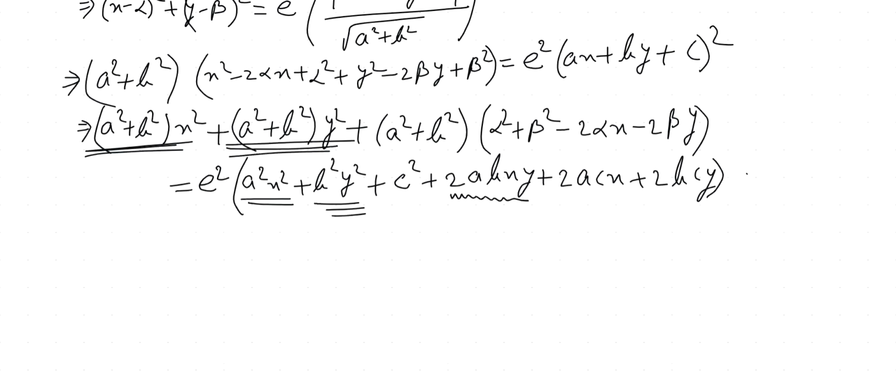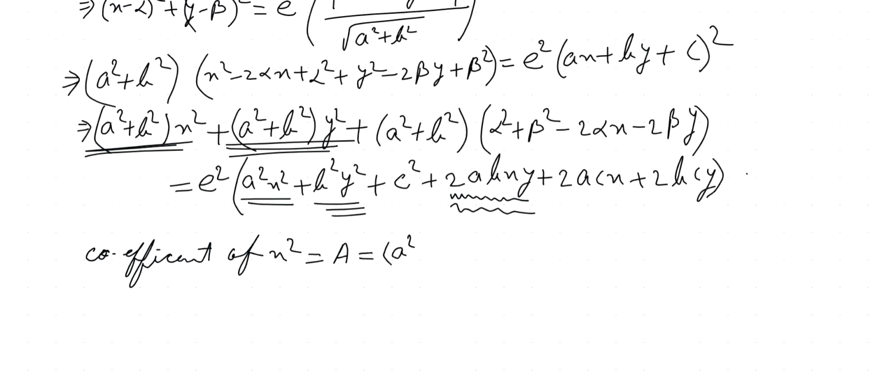So now the coefficient of x square, call it capital A, is going to be a square plus b square minus a square e square.